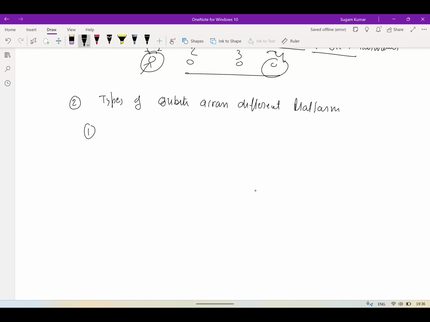So for example, the first platform will be the superconducting one. This is the most common platform, I can say; people use superconducting qubits.